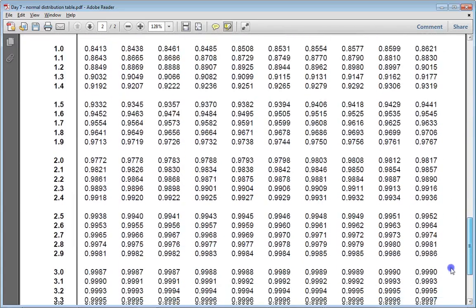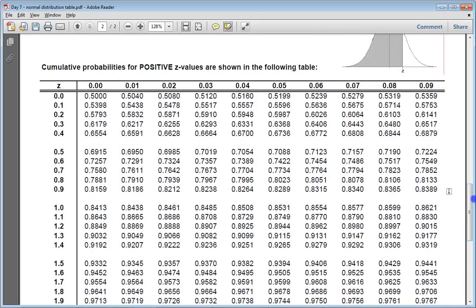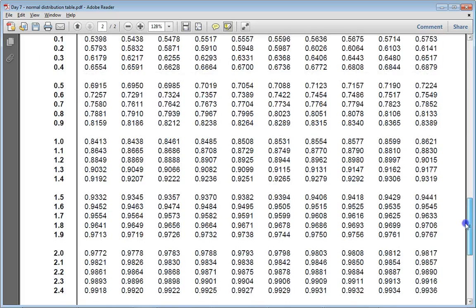Start with 2.6 and then go over to 3. Here's my 2.6, and it's where these two meet.